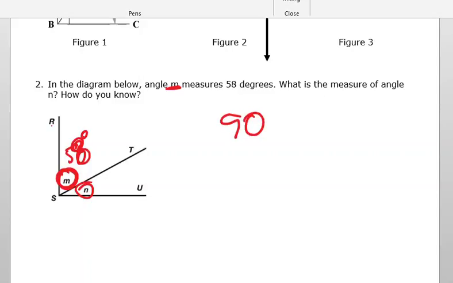I know that I'm going to have to subtract my 58 from my 90, I think that's going to give me 32. All right, so angle N has got to be 32 degrees, and I know that because these are two adjacent angles that equal 90 degrees.